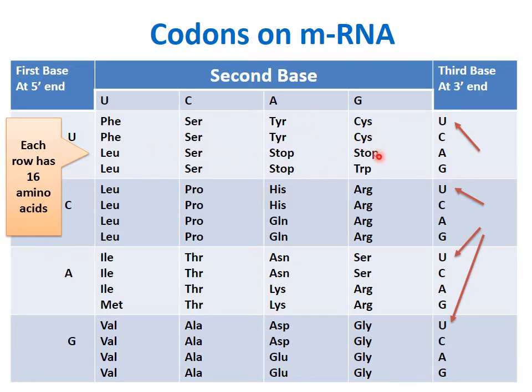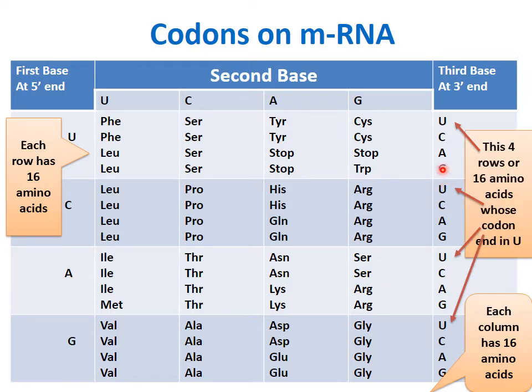Then if we see the columns, in each column you see there are 16 codons too: 1, 2, 3, up to 16. So in each row there are 16 codons.